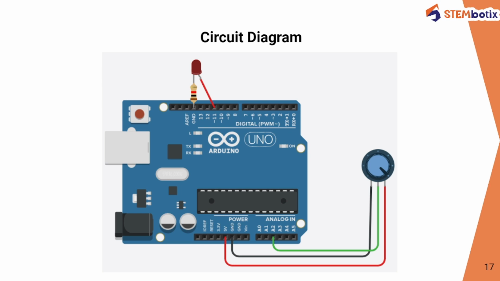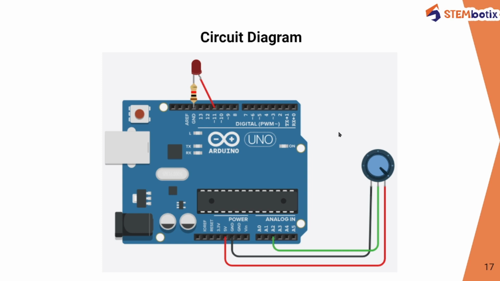This is the circuit diagram to follow for the project. So here the potentiometer's ground pin is connected to the ground pin of Arduino. The supply or power pin is connected to the 5-volt pin on the Arduino board, and the output pin is connected to A2.